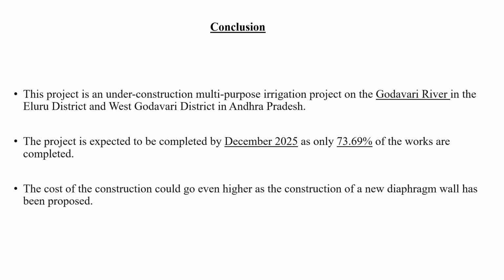It is the exact location in Andhra Pradesh. The project is expected to be completed by December 2025, as only 73.69% of the works are completed. The cost of construction could go even higher as the construction of a new diaphragm wall has been proposed.